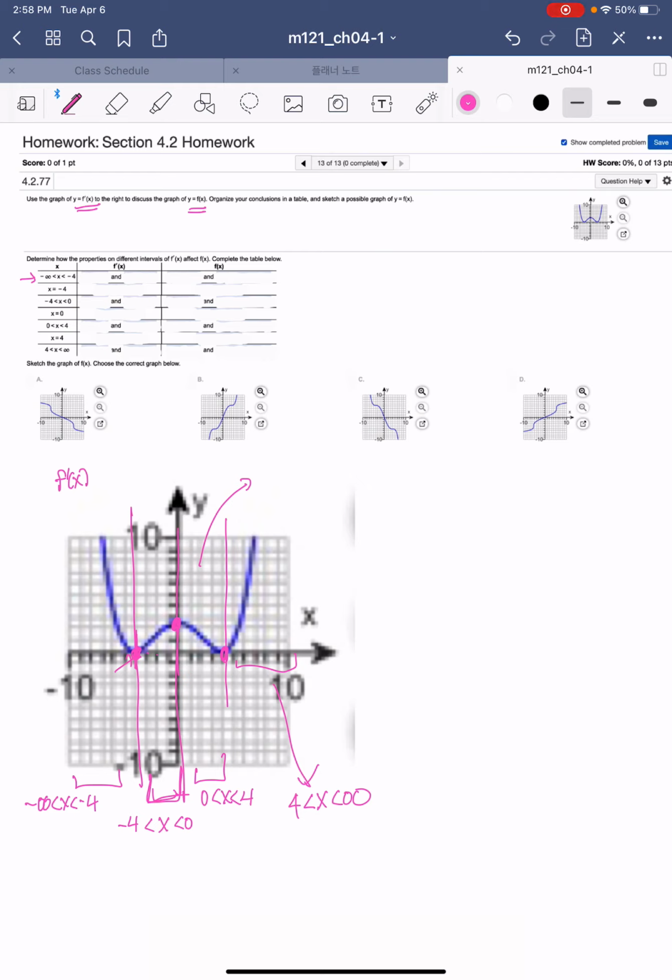So let's analyze. Notice that all these graphs are above the x-axis. So that means f prime of x is greater than 0. Everything is above the x-axis, positive value, right?